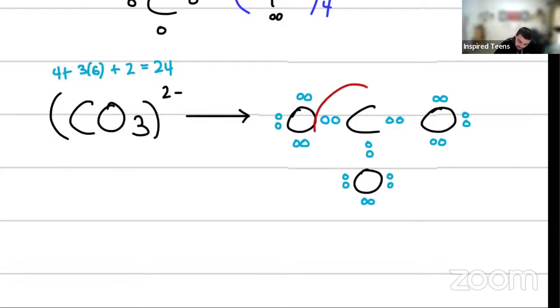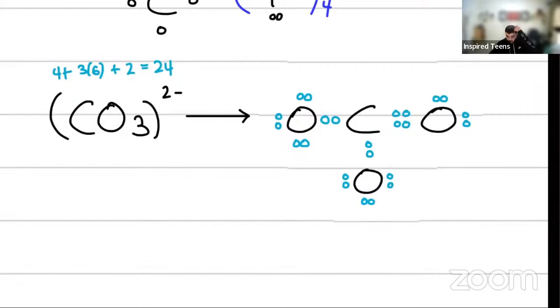Currently it has 6, so it only needs 2 more. So what I can do is take one of the bonds from one of the oxygens to form a double bond with carbon. Okay, and now carbon has 8, this oxygen has 8, this oxygen has 8, and this oxygen has 8.